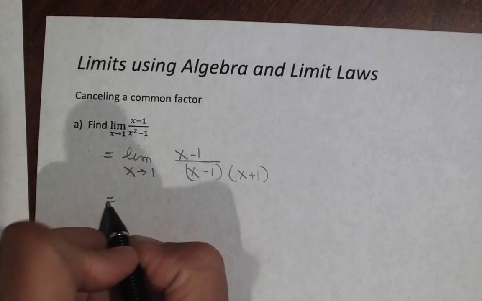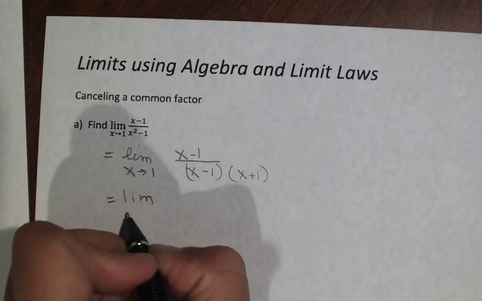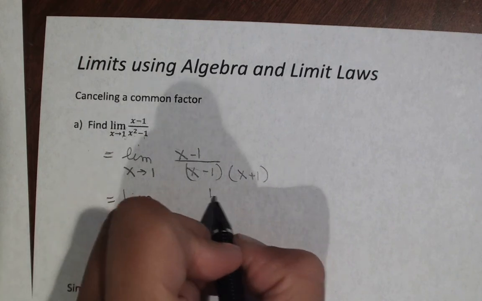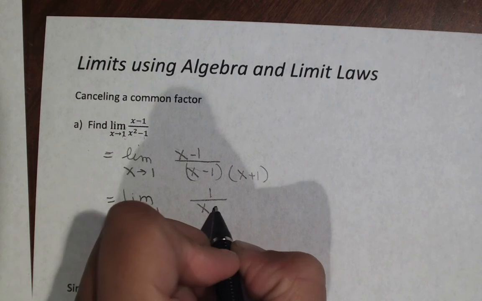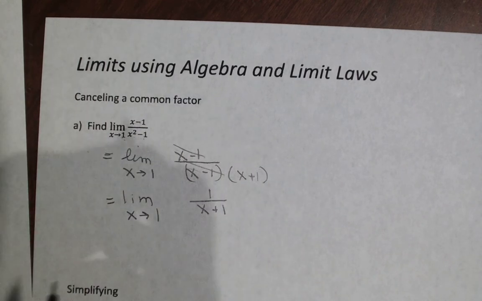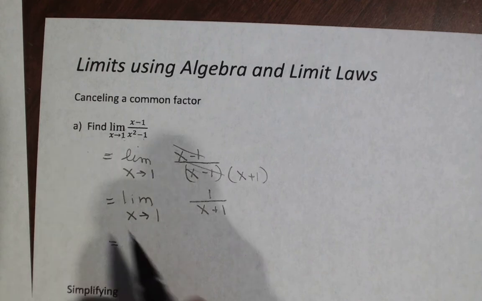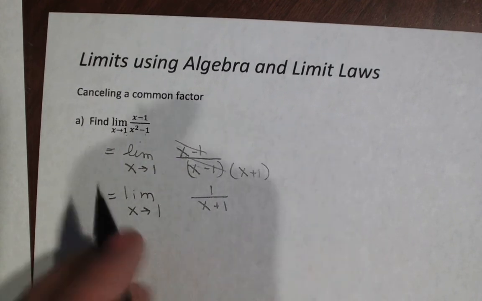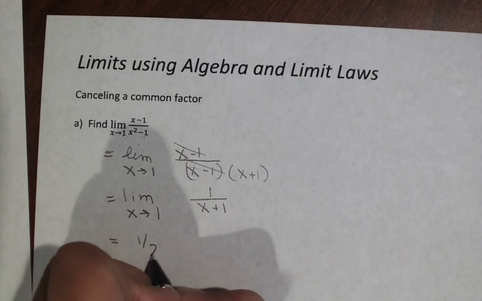So this is equivalent to saying the limit as x approaches 1 of 1 over x plus 1, since those two cancel. And then 1 is in my domain here, so I could do direct substitution and get 1/2.